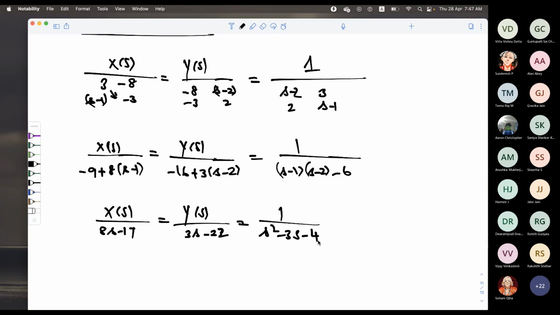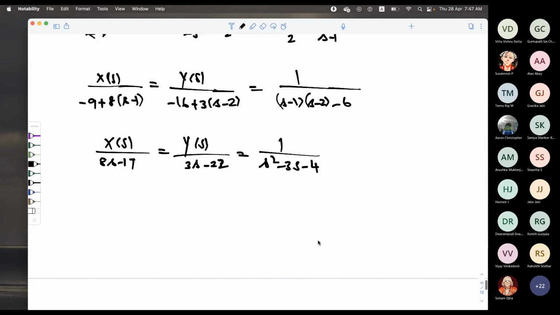So this X(s) implies that, as in the sum of the problem we discussed, here some non-zero constant k is there, so we are going to multiply this X(s) and this 8s minus 17.